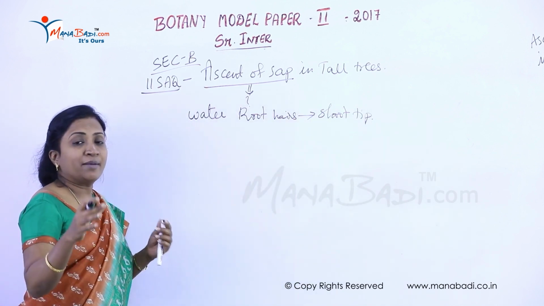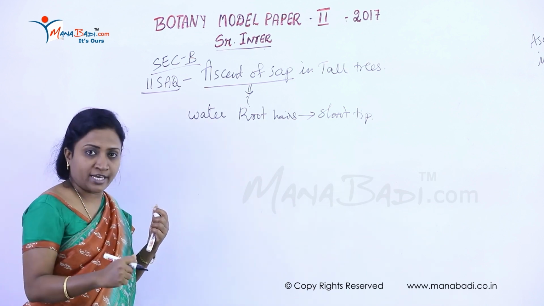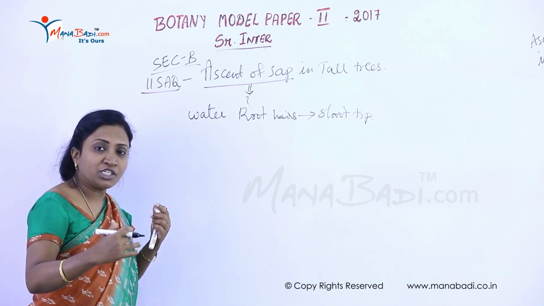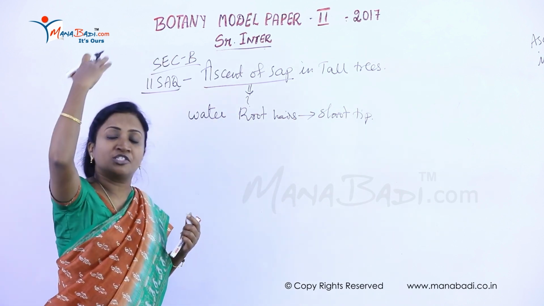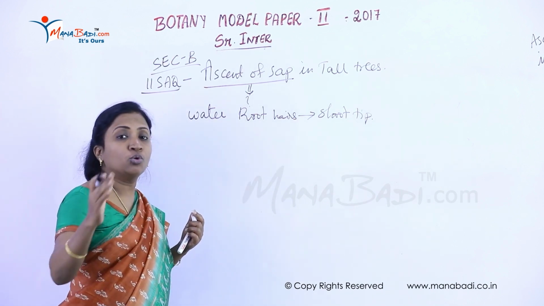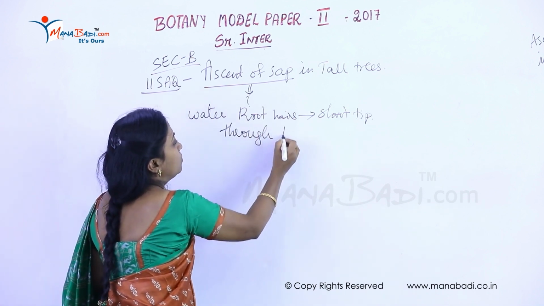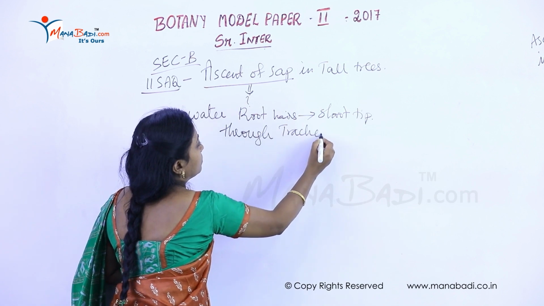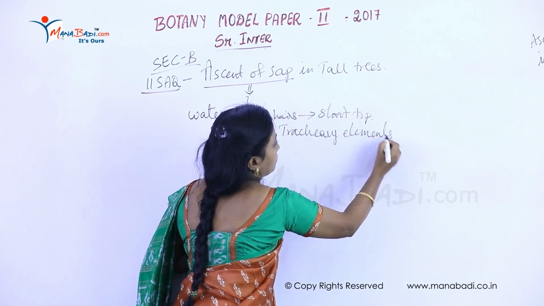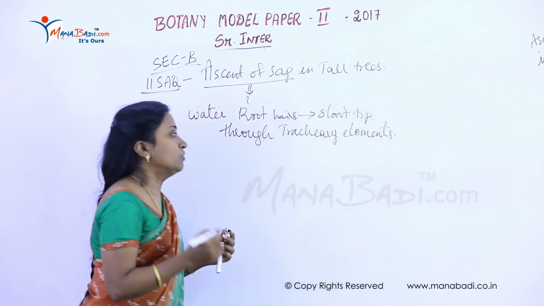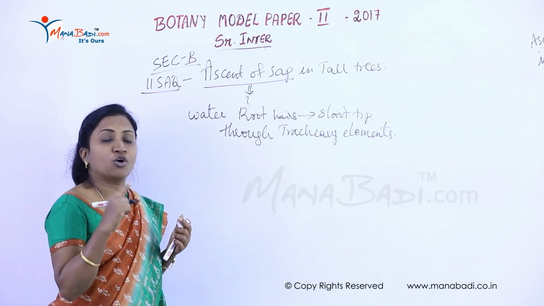So the absorption of water by the root hairs and transportation of this water up to the stem tip, or rather the shoot tip, through the tracheiary elements is called ascent of sap.